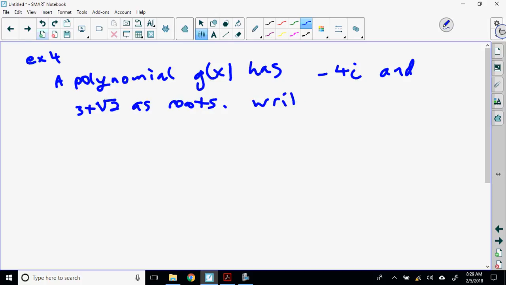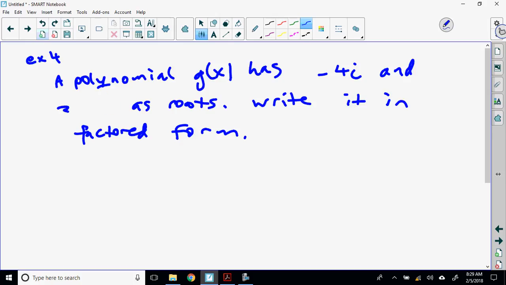Write it in factored form. We'll worry about multiplying these tomorrow, okay? Because we're not going to take the time out to try to multiply these out today. But some polynomial has negative 4i and 3 plus rad 2 as its roots. Write this polynomial in factored form.